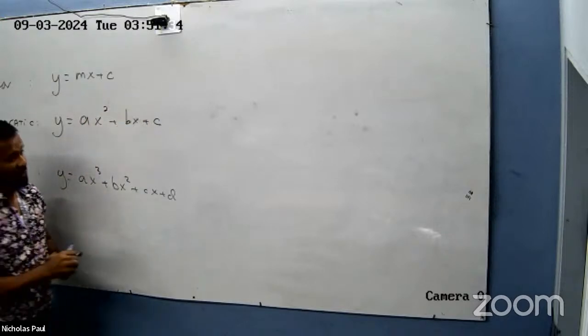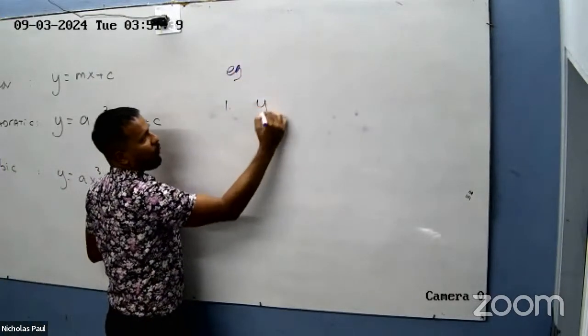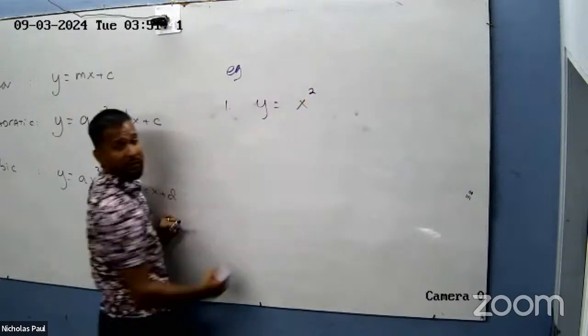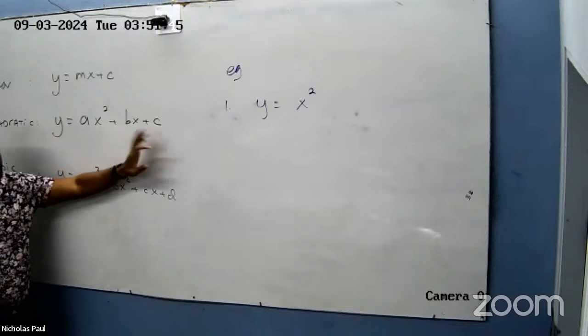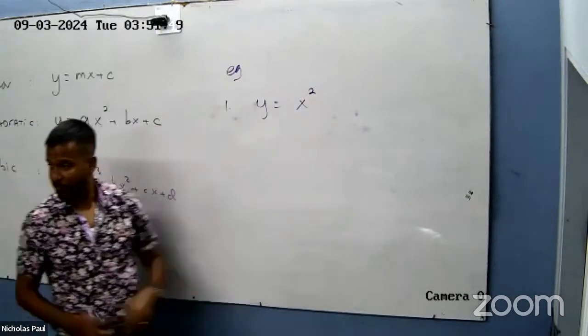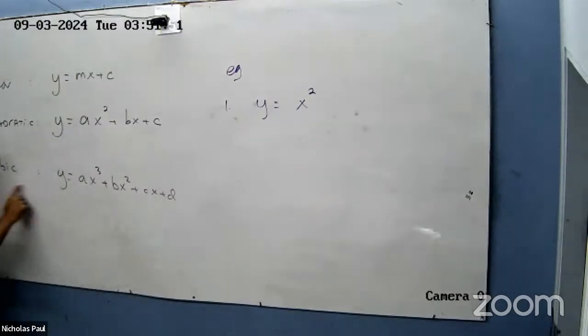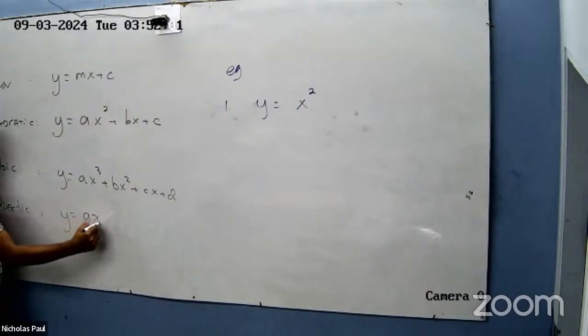For example, if I give you something like y is equal to x squared, that's a quadratic. Although it doesn't have this part, it's still a quadratic because the highest power of x is 2. Cubic, highest power of x is 3. And one more, just hardly use it, the quartic, the highest power of x is 4.